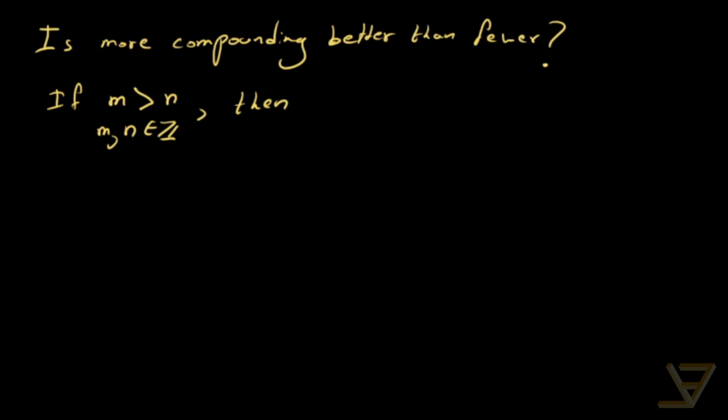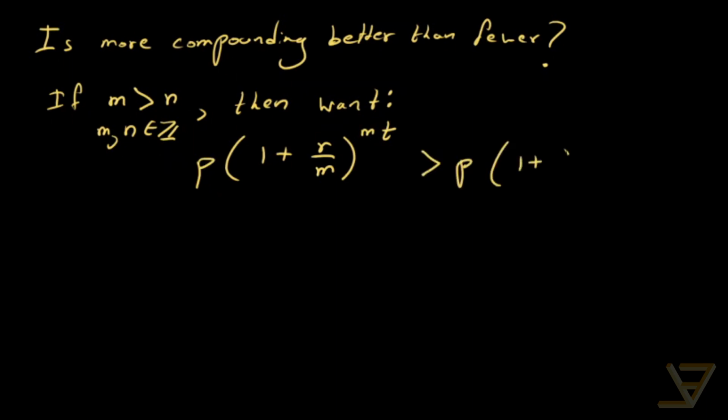So if m is greater than n, then we want to prove that the principal times 1 plus r over m to the power of mt is greater than the principal times 1 plus r over n to the power of nt.